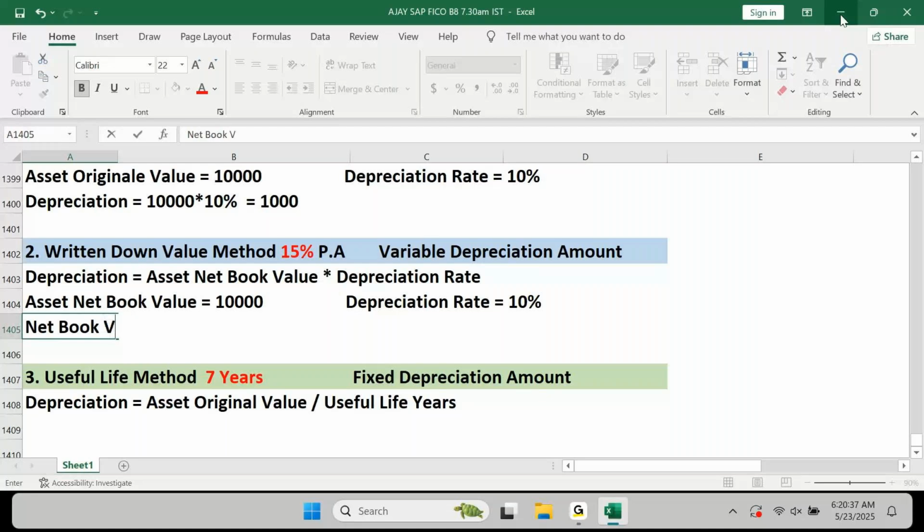Net book value is equal to asset original value minus accumulated depreciation. Accumulated depreciation means depreciation till date. If asset is used for 3 years, 3 years depreciation is accumulated depreciation. If asset is used for 1 month, 1 month depreciation. If 1 year, 1 year depreciation. 8 months, 8 months depreciation. Okay, accumulated depreciation.